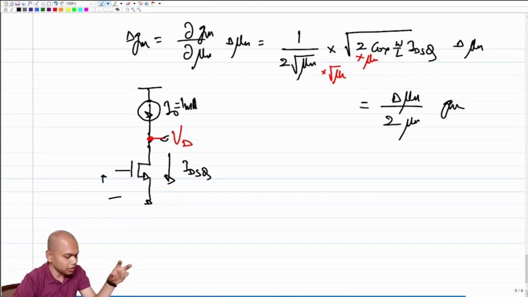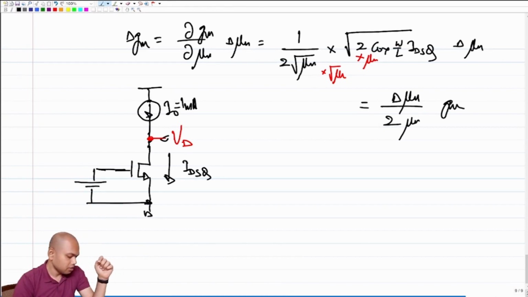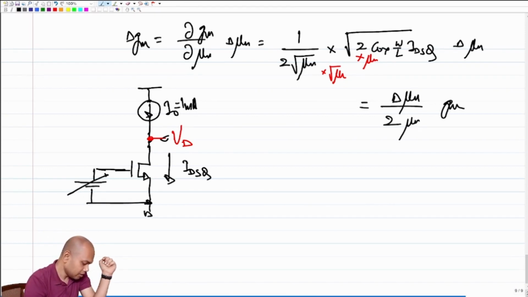But if I have to stick this I naught into the drain, what should I do? I will first plug in some arbitrary battery between gate and source, and let me call this arbitrary battery VBAT.